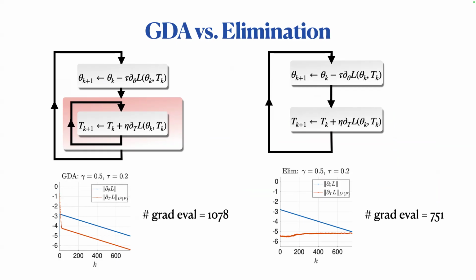But in fact, we show that you can just do alternation and have very similar results. You don't have to do elimination, and the efficiency is much, much higher. Here you can see I achieve a similar convergence behavior, and this one takes on the order of 1,000 gradient evaluations, but this one only takes 751, so much more efficient.